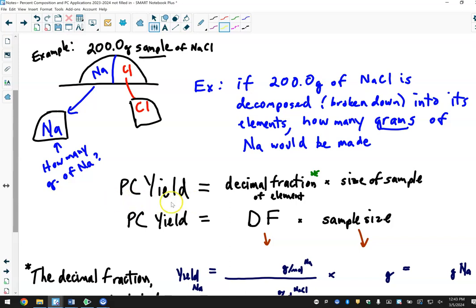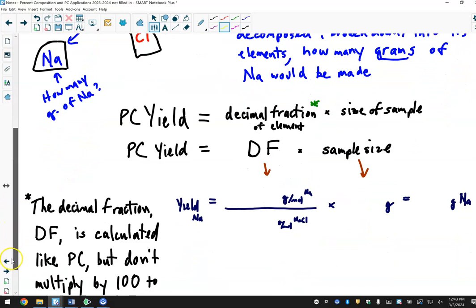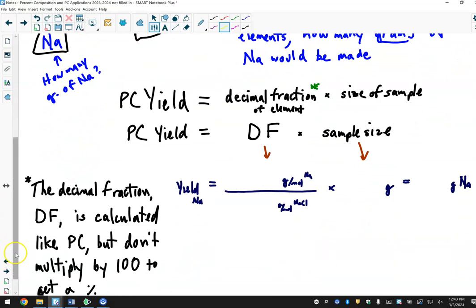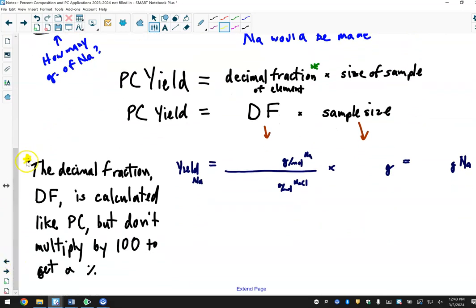Okay, but that's called the decimal fraction. So this is called the percent composition yield, or the yield, in this case of sodium, is going to be the decimal fraction of that element, and the decimal fraction is simply the percent composition, but just don't multiply by 100, okay?